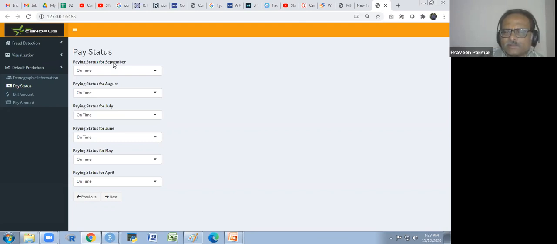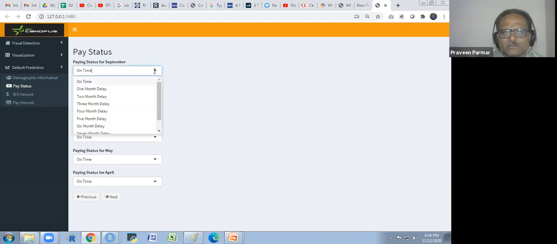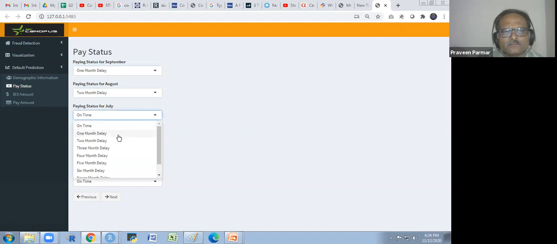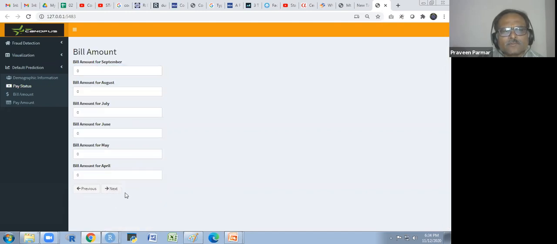Fraud is a different thing in my definition: someone else is doing something with your credit card. And you are a defaulter if you are not paying on time. So it is the 1 month delay, and whatever you select here. Next, you write whatever the amount.